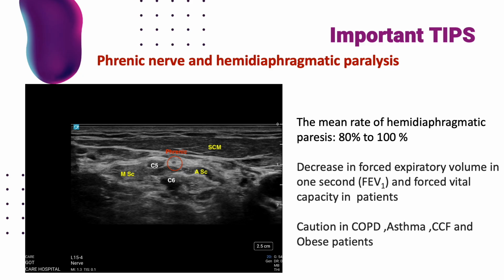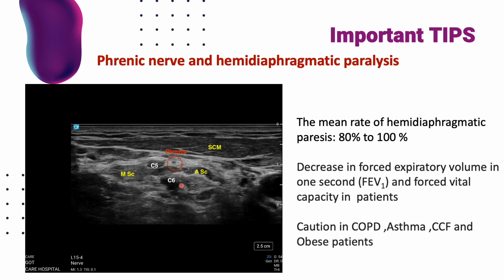Another important point while doing the interscalene brachial plexus block is the identification of the phrenic nerve and the prevention of the ensuing hemidiaphragmatic paresis. The phrenic nerve is a small, around 0.5 to 1 millimeter, structure that courses along the medial surface of the anterior scalene muscle.